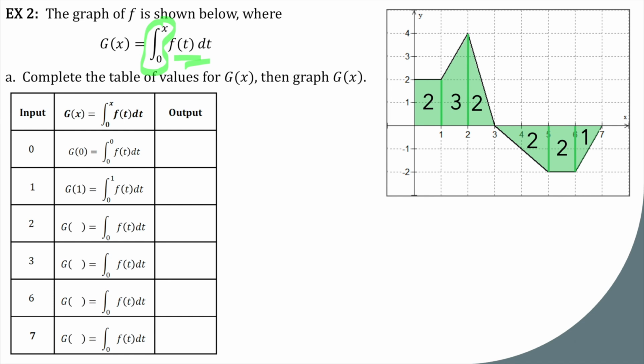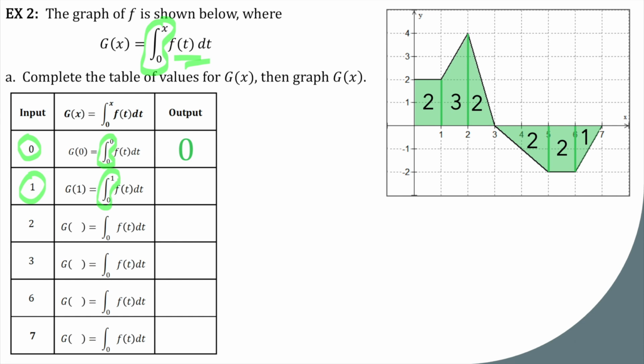Now let's go back to our table. If we have an input of 0, that means we want g of 0. So we want the area under the curve between 0 and 0. Well, we haven't gone anywhere, so there's no area under the curve. If we have an x of 1, then we want the area under the curve between 0 and 1.